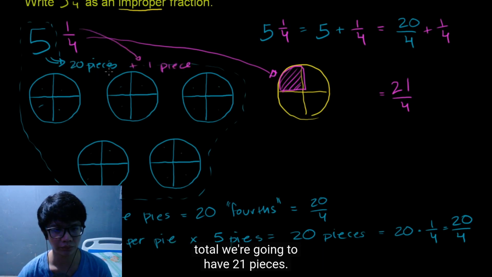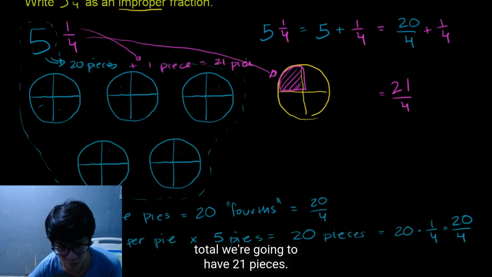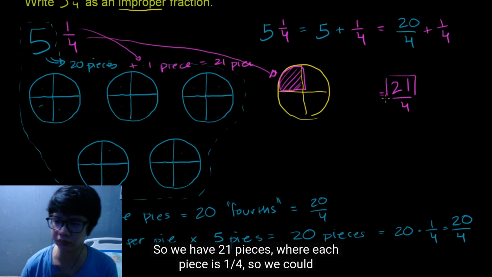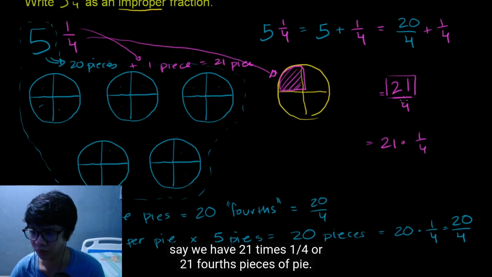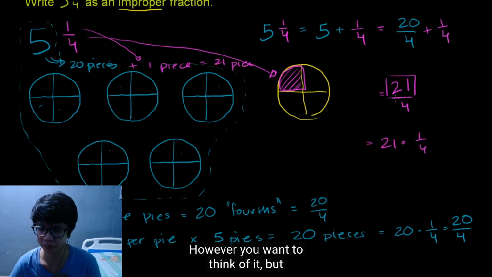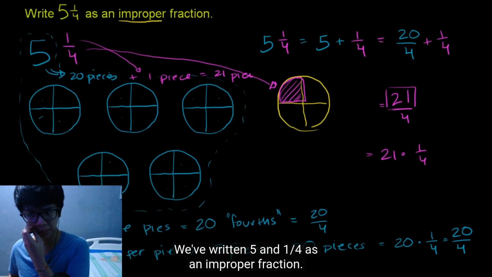So total, we're going to have 21 pieces. So we have 21 pieces where each piece is 1/4. So you could say we have 21 times 1/4, or 21 fourths pieces of pie. However you want to think of it, but we've solved the problem. We've written 5 and 1/4 as an improper fraction.